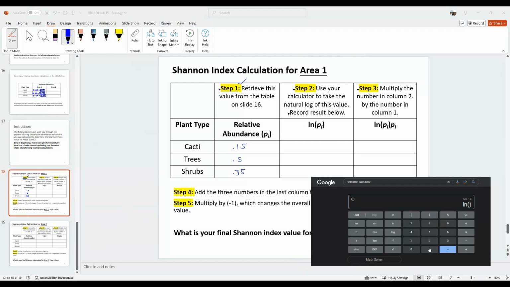So if we put in ln, and then we type in our relative abundance value, let's just do it for cactus first. We've taken the natural log of 0.15, and we hit equals. Okay, now we have a number here, and we're going to put that number in this column.